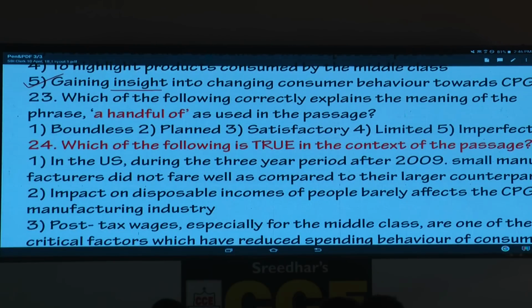No, handful of doesn't talk about satisfaction. Handful, whatever you can get in your hand, is that limited or not limited? It is limited. So based on that, what is the answer here? Fourth option, limited. Handful of students are here. Only a handful of students answered the question. What does it mean? Only a few, limited.